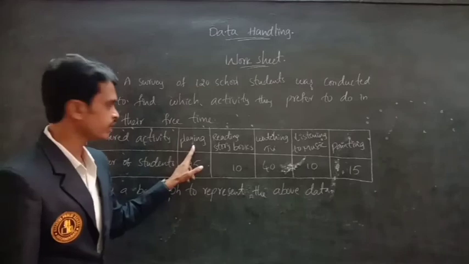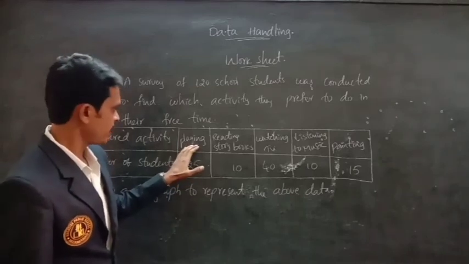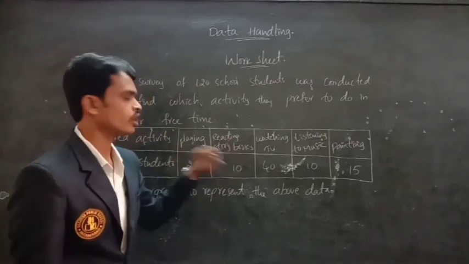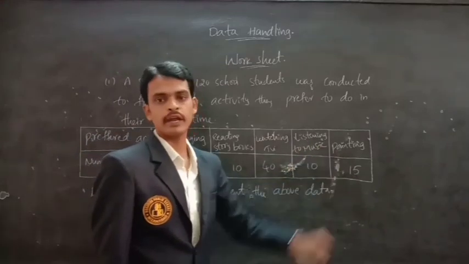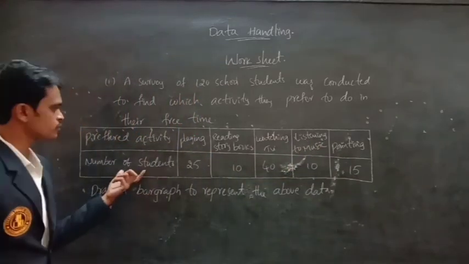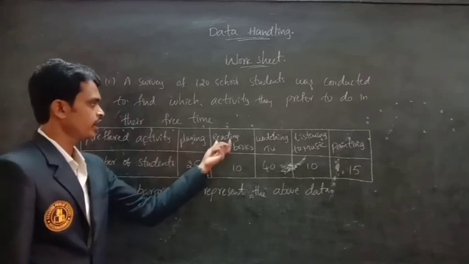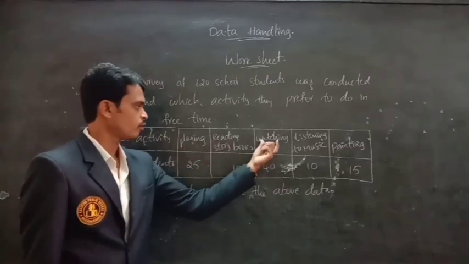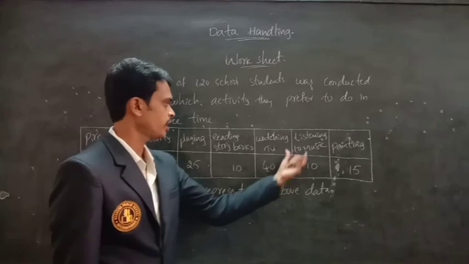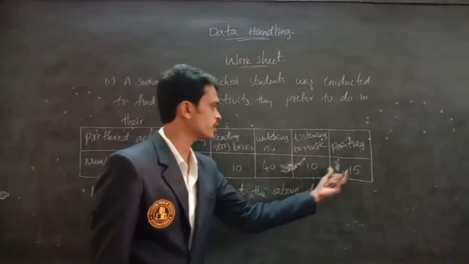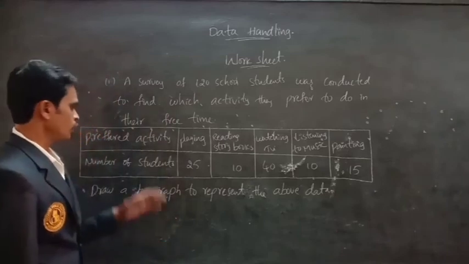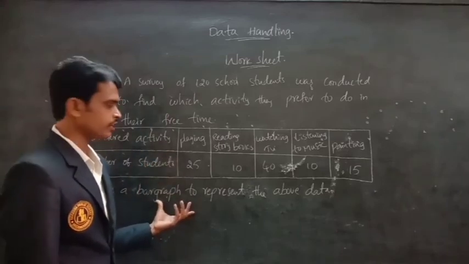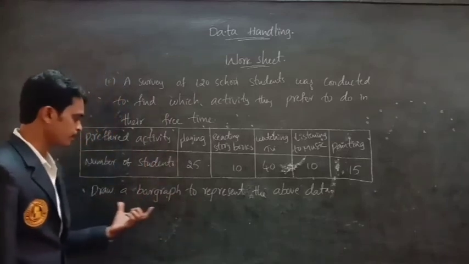The preferred activities given are playing, reading storybooks, watching TV, listening to music, painting. The number of students: playing 25, reading books 10, watching TV 40, listening to music 10 students, and painting 15 students. So by using this information you have to draw a bar graph.